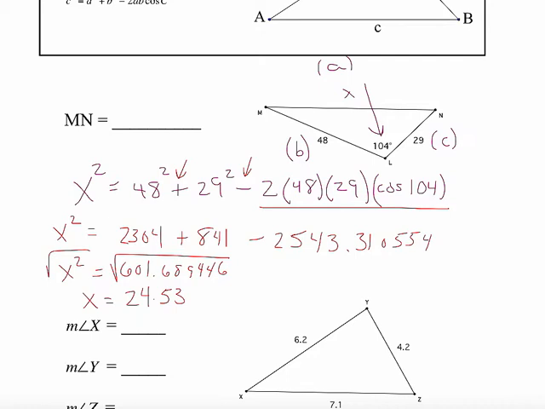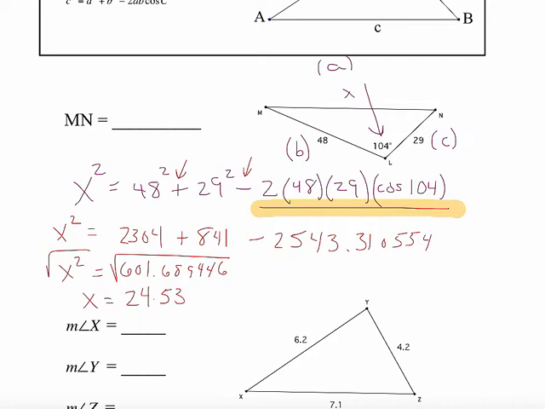So I've got to figure out where that is. So let me see. Usually when a mistake is made, it happens in this part of the equation. So I'm going to type all that in again. I'm going to make sure my calculator's in degree mode, which it is, and I get 2 times 48 times 29 times the cosine of 104.